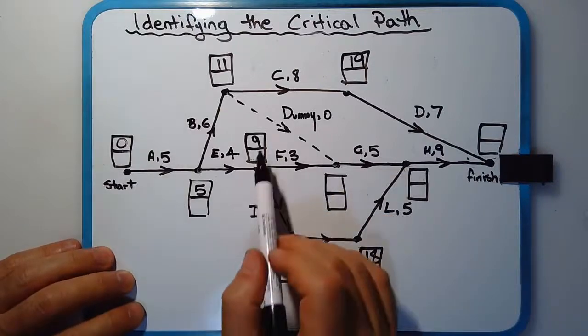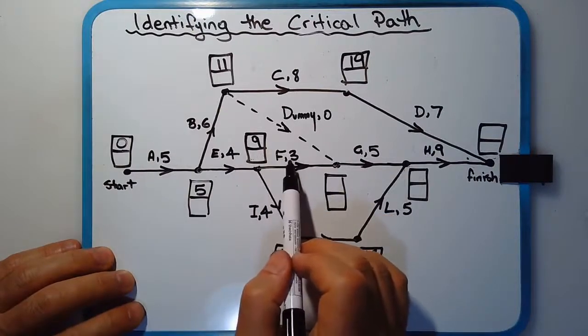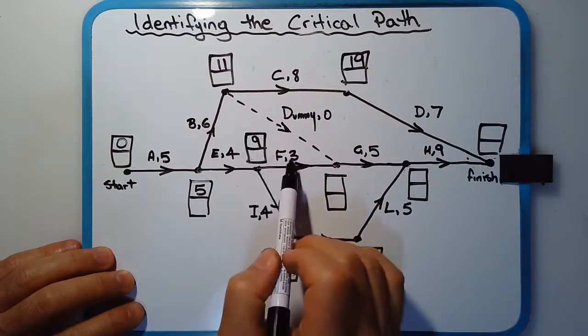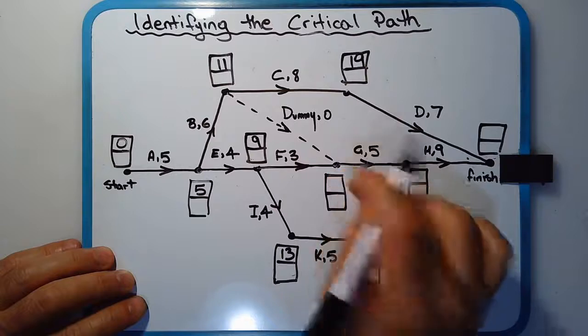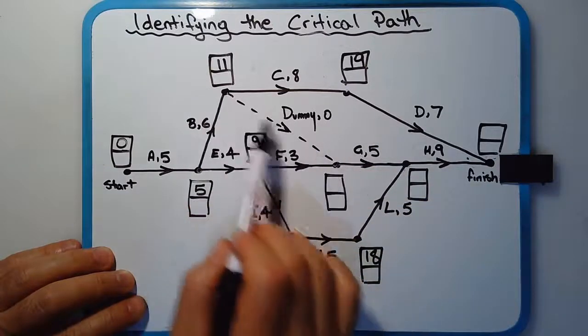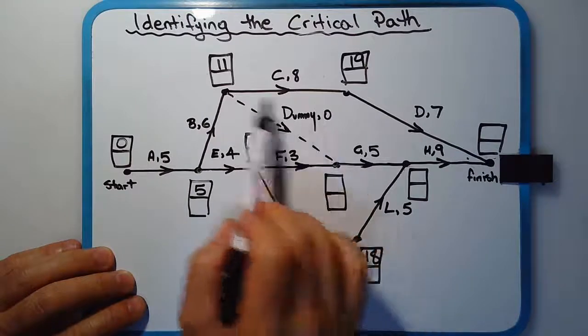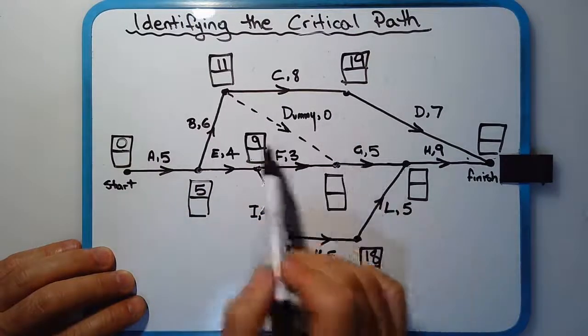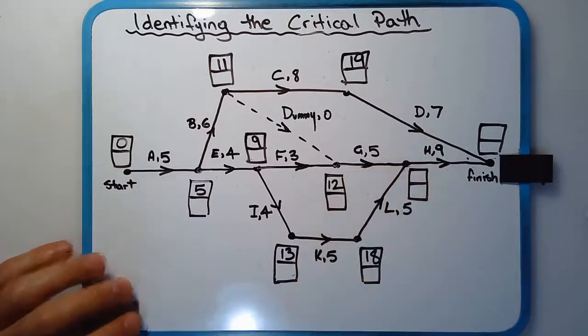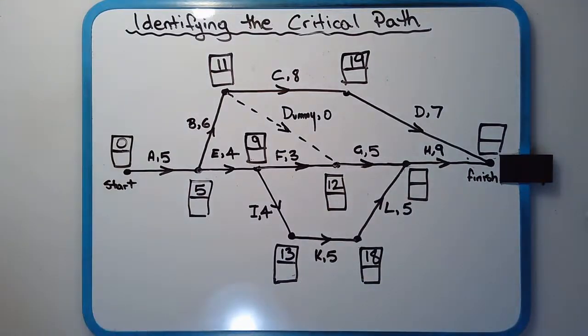So from activity E, we're up to 9 plus 3, that gives us 12. And after activity B, the dummy activity is worth 0, so 11 plus 0 gives us 11, but 9 plus 3 gives us 12. So 12 is obviously the larger number, so we put 12 there.